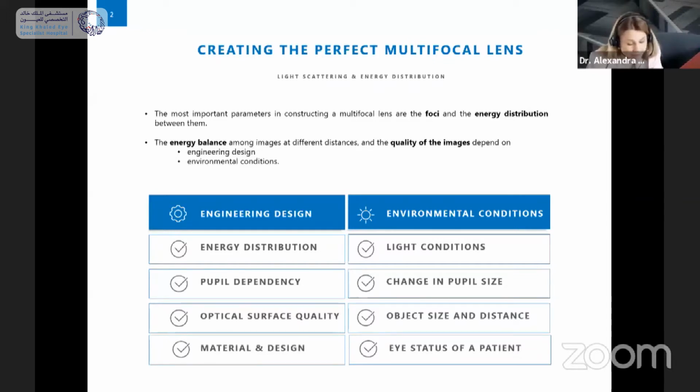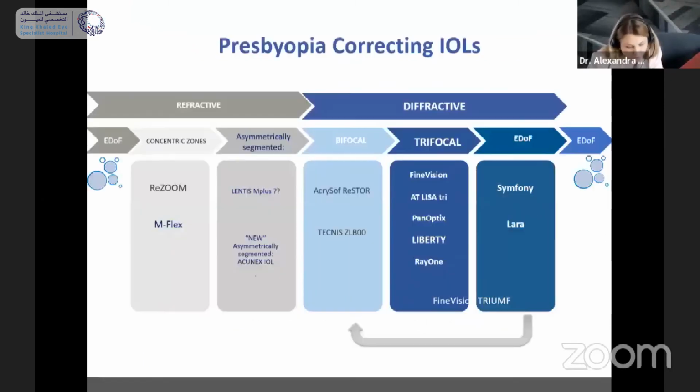And material and design, last but not least, because sometimes it's forgotten, but if you want premium technology, we should also pay attention to premium material and design. Then there is the patient side: the light conditions and environment when he or she is working, how his or her pupil is reacting, what kind of profession the patient has, and the eye status of the patient.